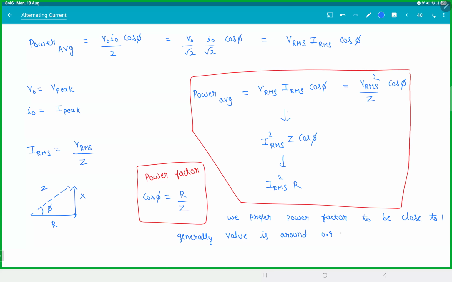The meaning of this is for 100 watts of power supplied, you can only actually use 90 watts. Why is that? Have a look at this page.